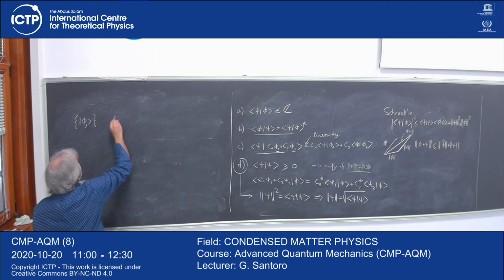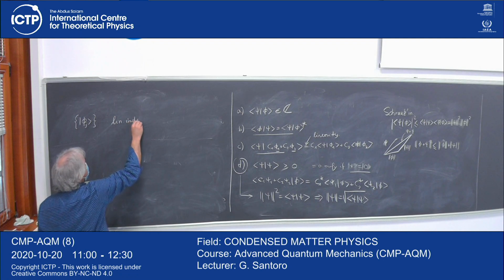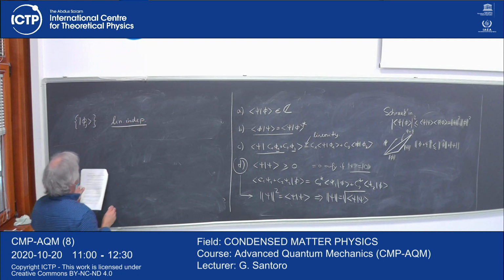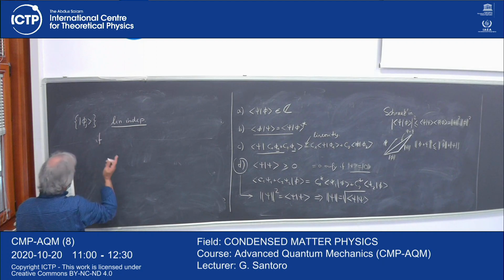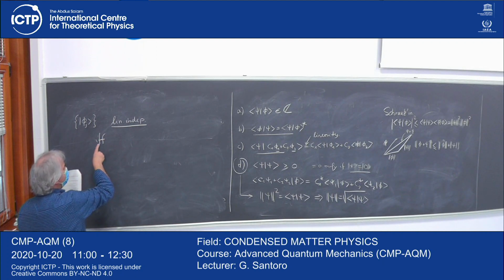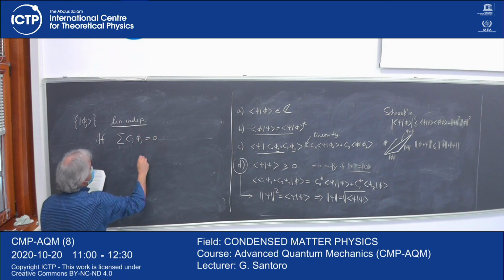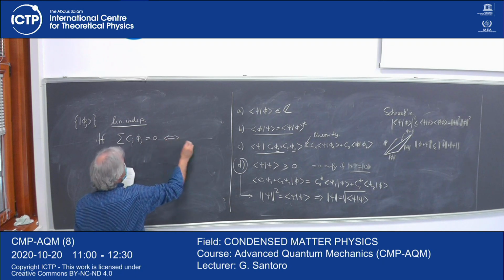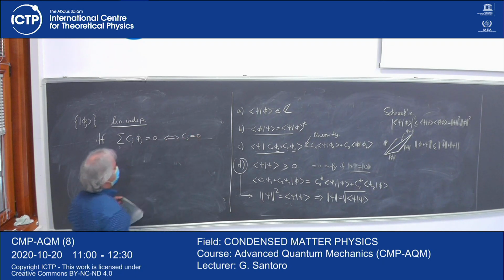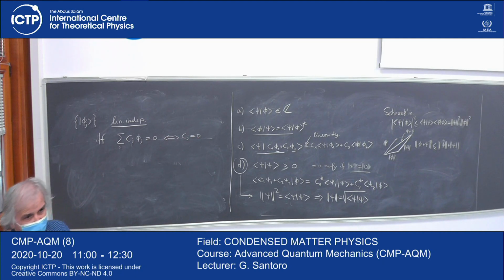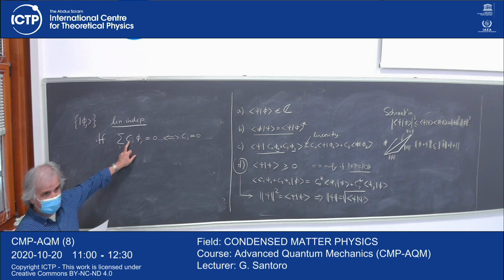I say that they are linearly independent if and only if, when you have the sum over j of Cj phi j equal to 0, this happens when all Cj are 0. So the only way to get a linear combination that sums to 0 is that all coefficients are equal to 0 if the elements are linearly independent. This is by definition.